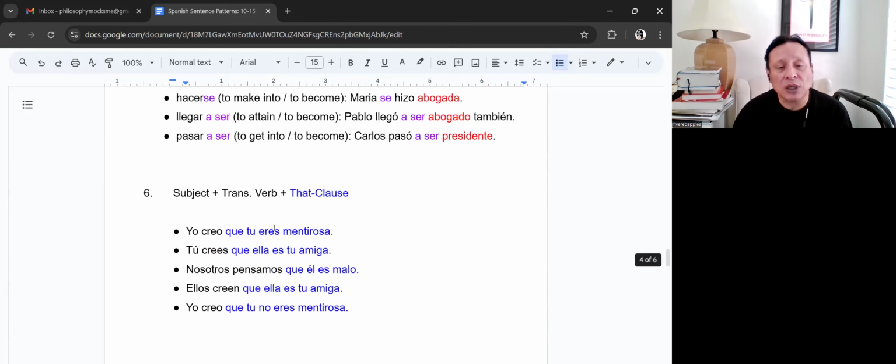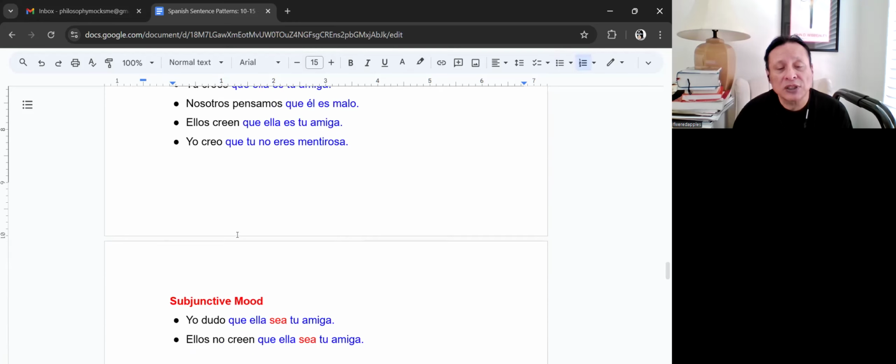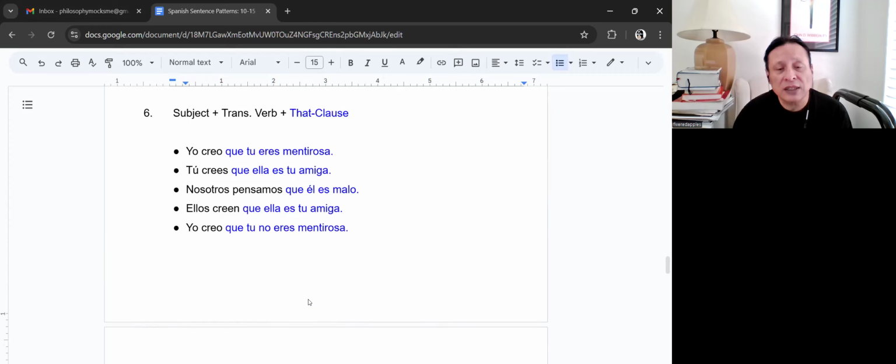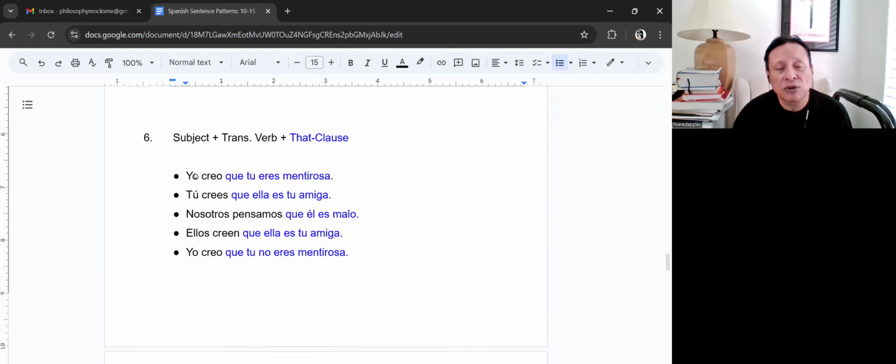I'm doing sentence structures, and this sentence structure is the same, whether it's subjunctive mood or not. Notice that subject, verb, that clause, right? And this is the same, subject, verb, that clause. So this is good for indicative mood and subjunctive mood.